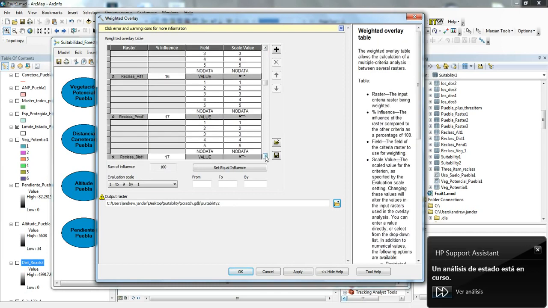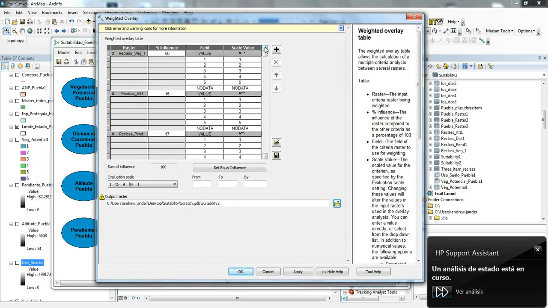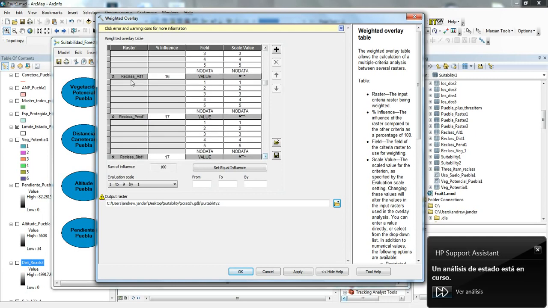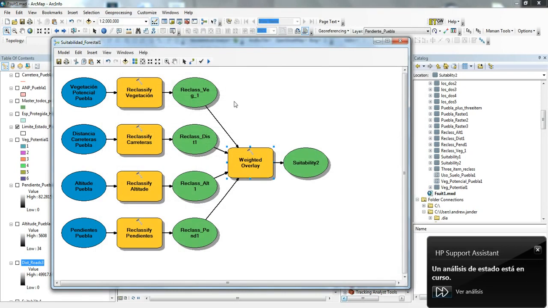So I have the 4 different inputs here, and I gave the vegetation potential the highest influence of 50%, because if you don't have the vegetation, the other ones aren't going to matter as much. So then the other things that we took into account were the altitude, and then the slope, and then the distance from roads. And so once we run that, and that weighted overlay runs, it puts out one raster image.